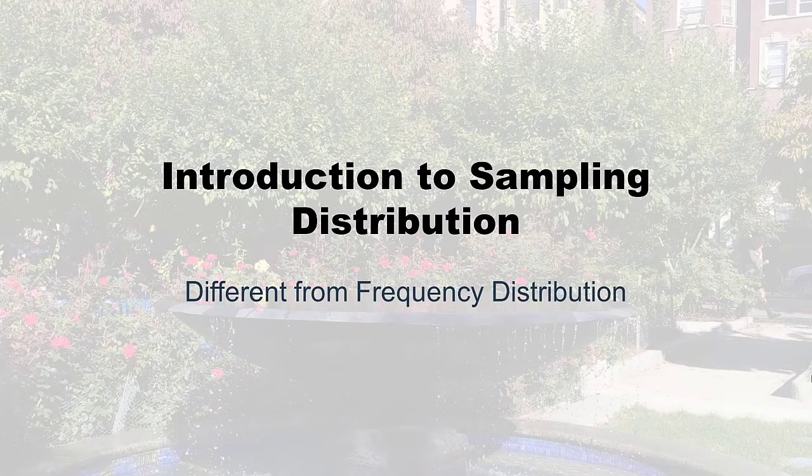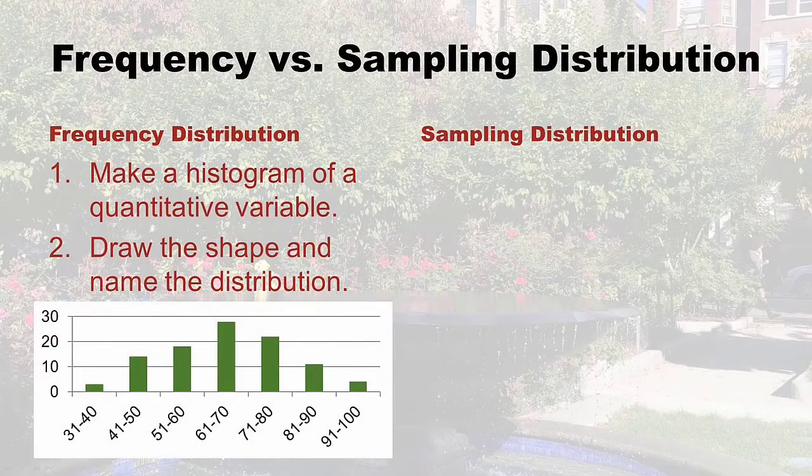Okay, so now we're going to move on to talking about sampling distribution and how it's different from a frequency distribution. All right, so let's just remind ourselves what a frequency distribution actually is. Remember from a long time ago, what you would have is a quantitative variable. You'd make a frequency table, and then you'd use that to graph the histogram, right?